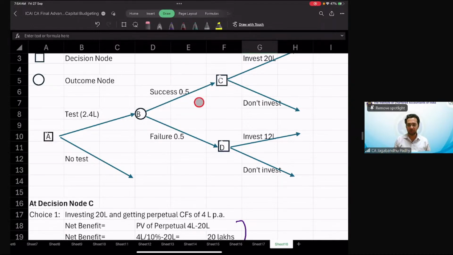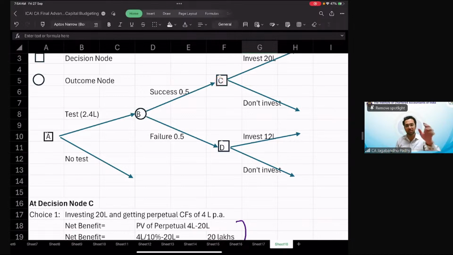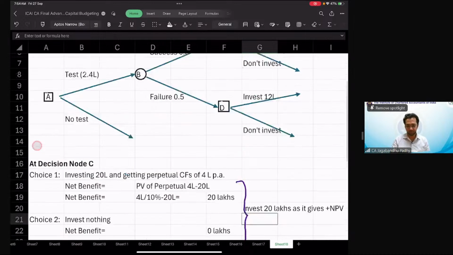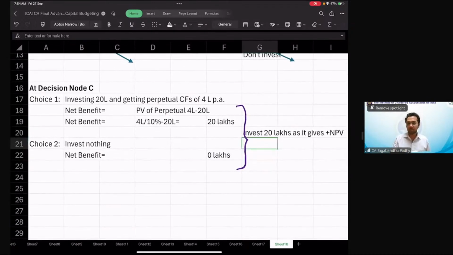So we're just going backwards. It's not that we go 2.4, then this, and then this. We are first taking a decision whether we should be investing in C. At node C, what is our decision? Then we will go back and see what is happening in B and what's our decision in A. Clear, Karthik?